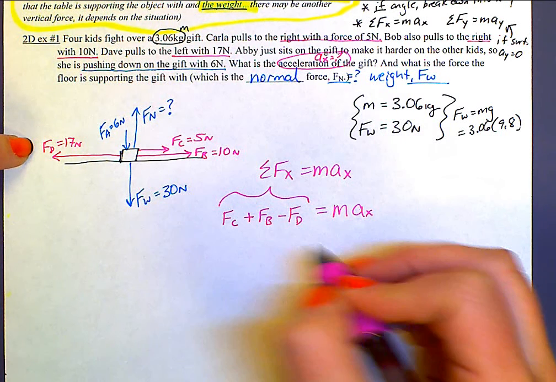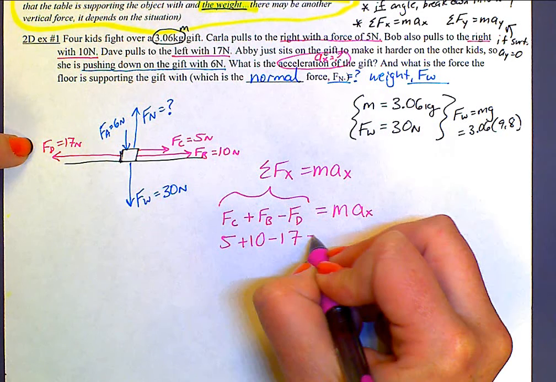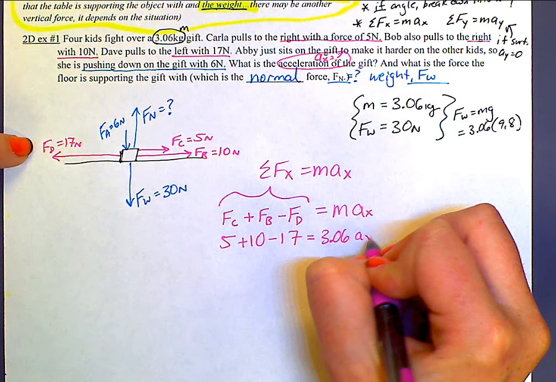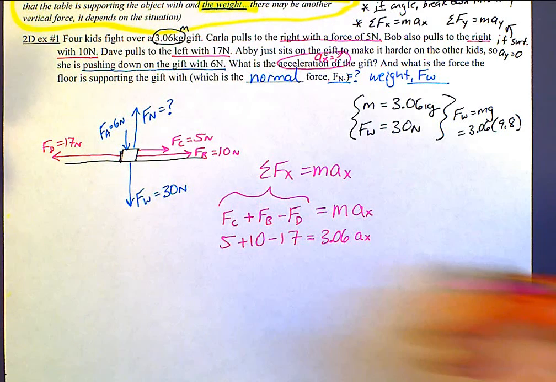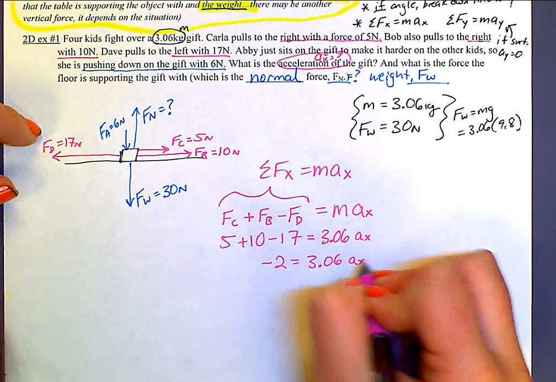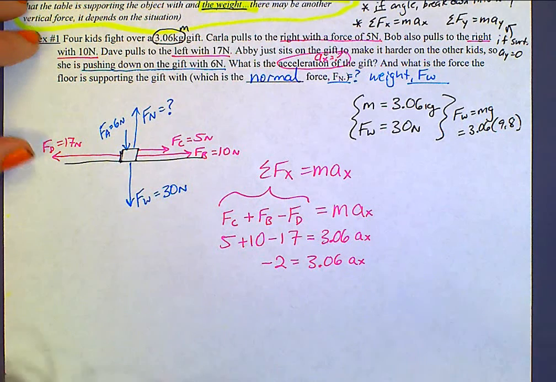5 plus 10 minus 17 equals, my mass is right here, easy to find, 3.06 ax. So I have minus 2 equals 3.06 ax, and then I'm going to solve. I'm just doing algebra. Divide by 3.06.